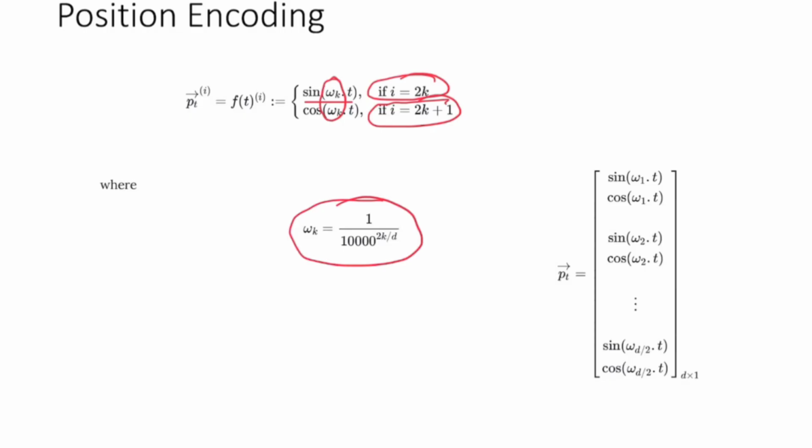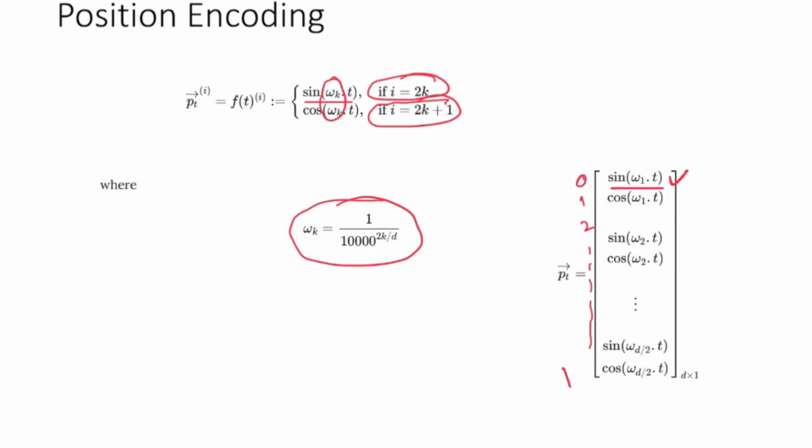With the help of this, you can make the position embedding for every input vector. So maybe this is the even position, like 0, 1, 2, 3, up to whatever the dimension of the input is.